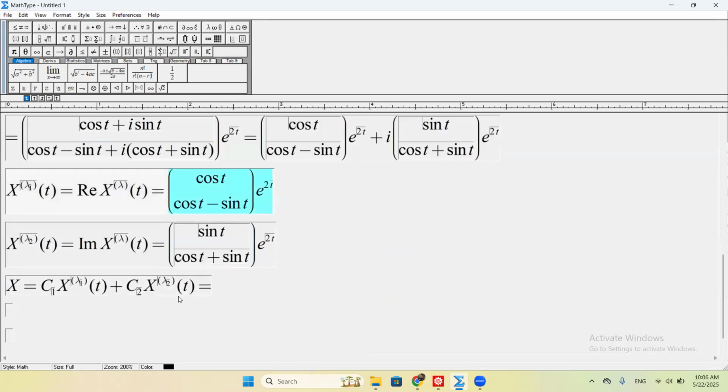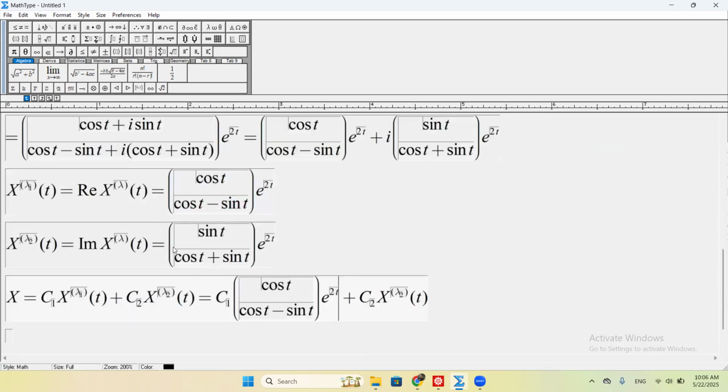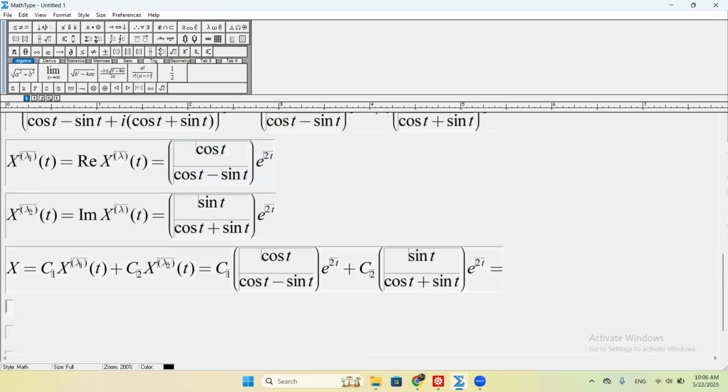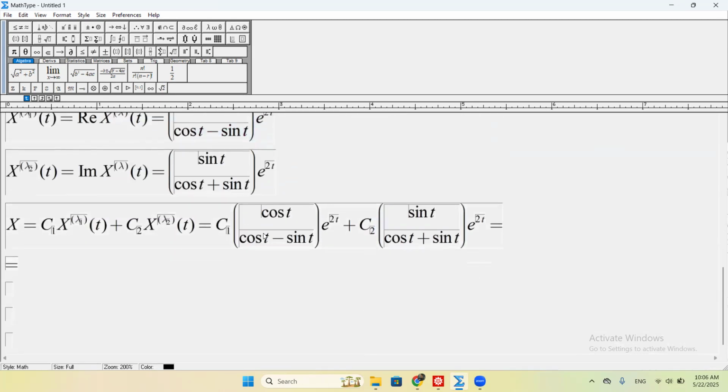So now writing everything in detail, performing multiplication and adding.